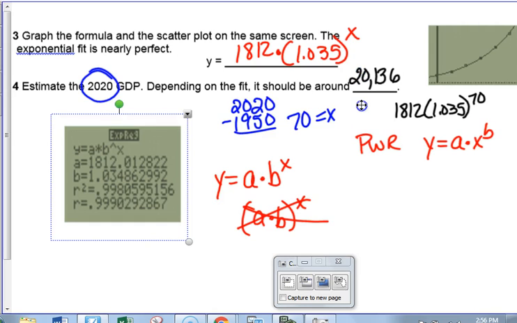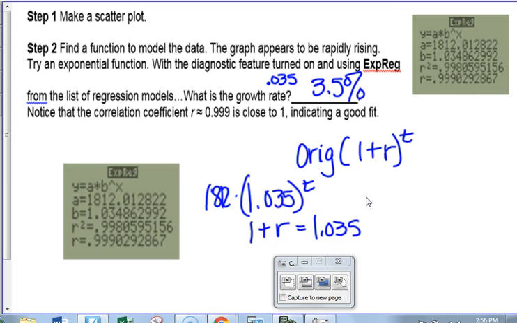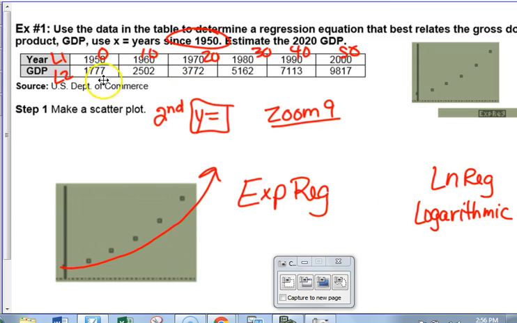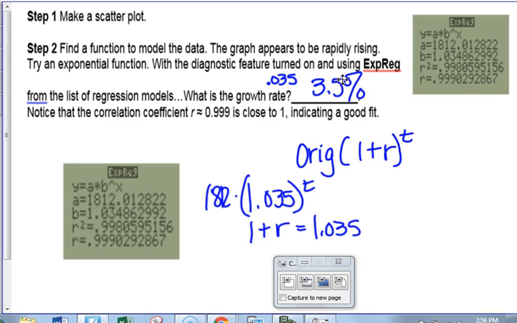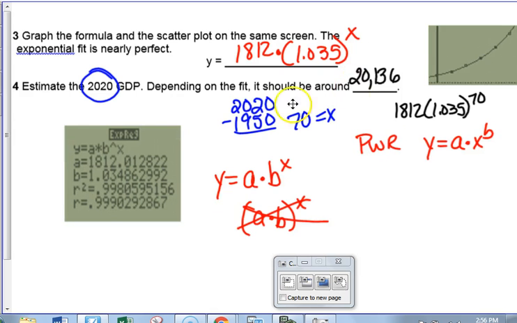Okay, I don't know about you, but I'm not too sure this is going to continue to grow that fast. If you look at these numbers, it was going up pretty good, but if the year 2000 was almost 10,000, and now we're saying by 2020 it would be up twice that, to 20,000 something. I don't know anything about it, so I'm just going to go with it.